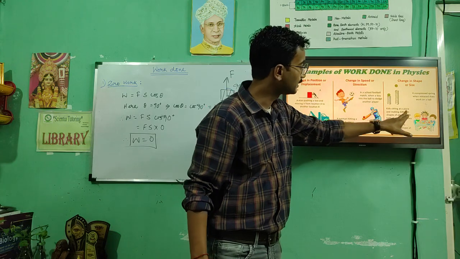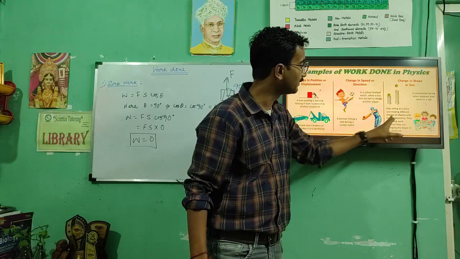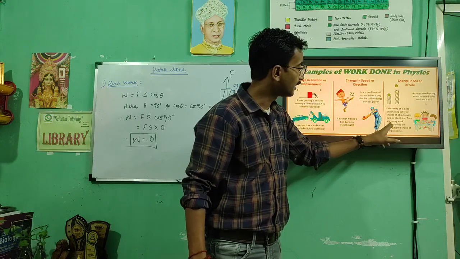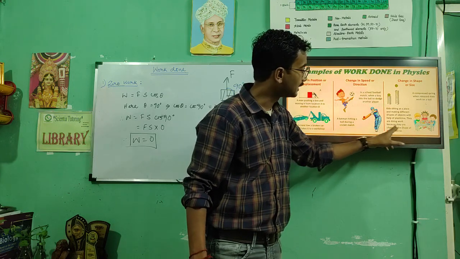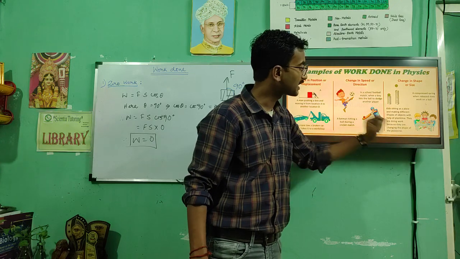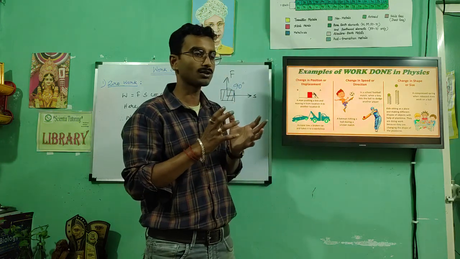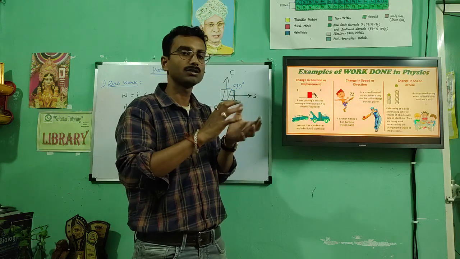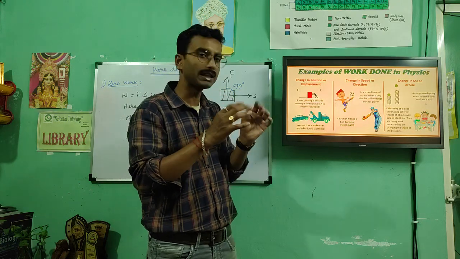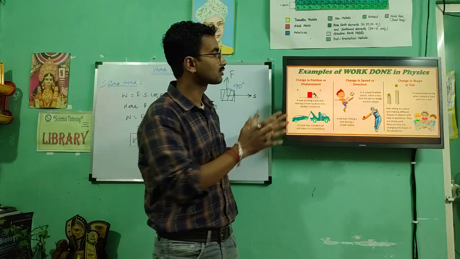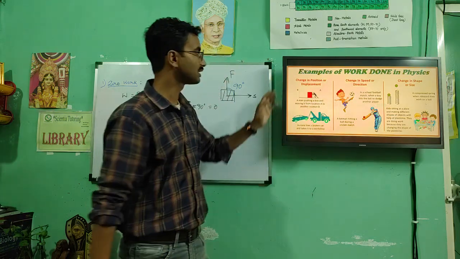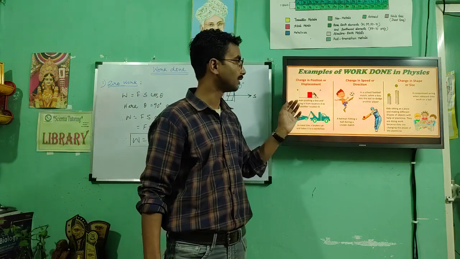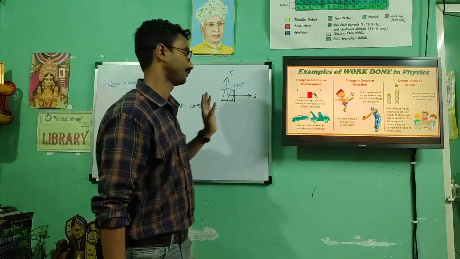Similarly, kids making different shapes of objects with plasticine or clay are doing work because they are changing the shape of the plasticine. So these are some examples of work done in our daily life.